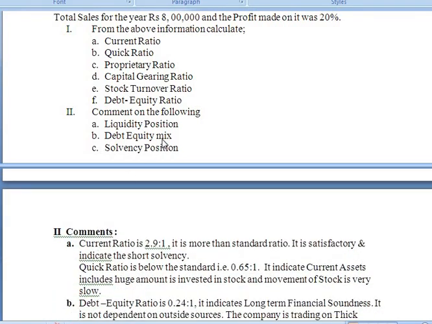First one is liquidity position. Current ratio is how much? 2.9:1. It is more than the standard ratio, and it is satisfactory and indicates the firm's short term solvency is sound.